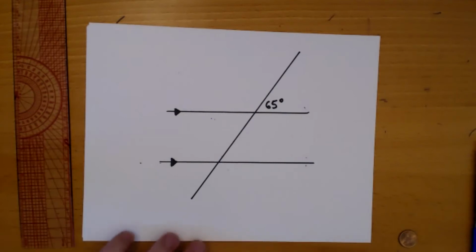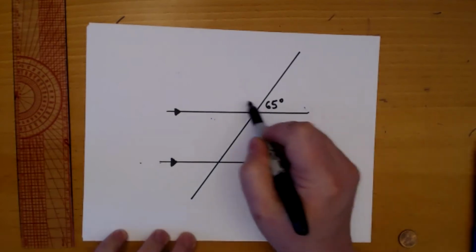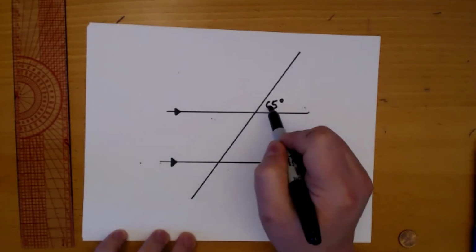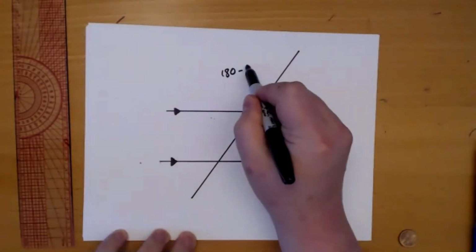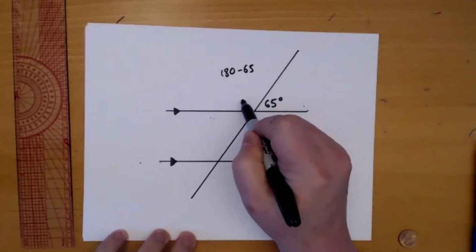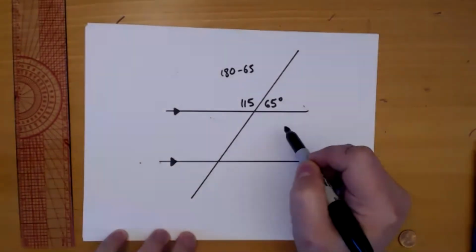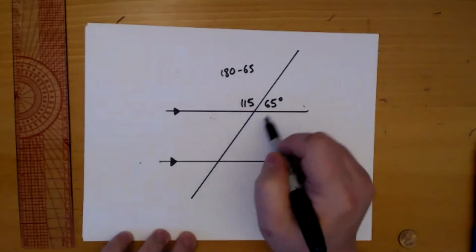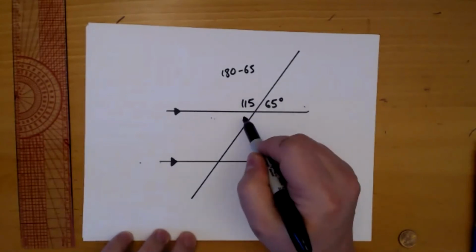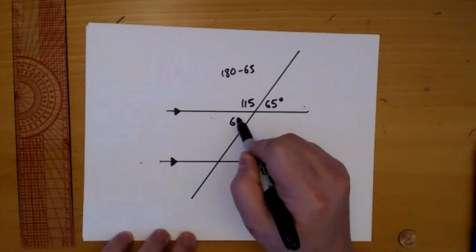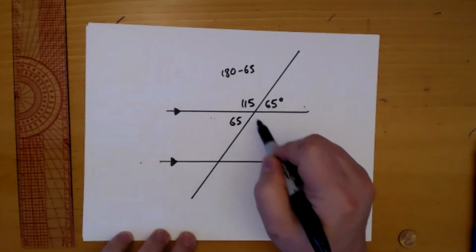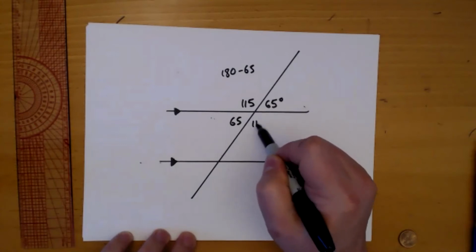Okay, so let's go ahead and fill them in. You take 180 minus the 65, which gives me 115. And now you can fill in everything. This is 65 because they're vertical to each other, and these two are vertical to each other.